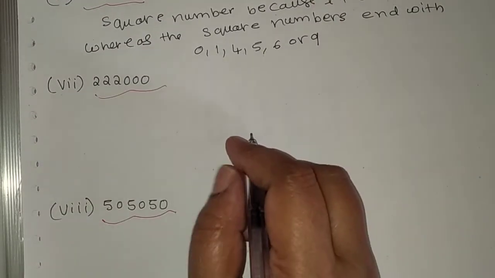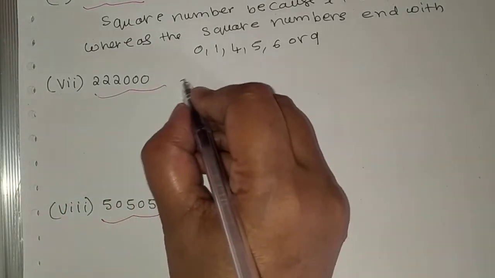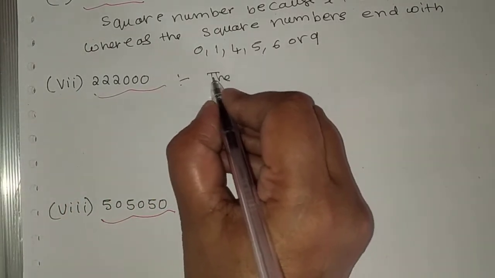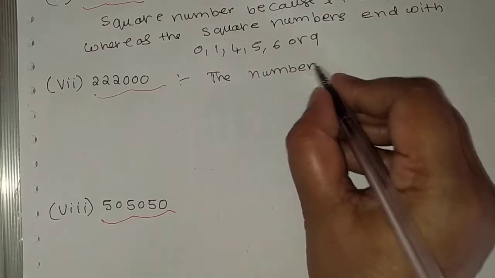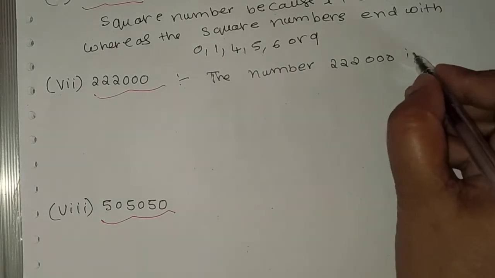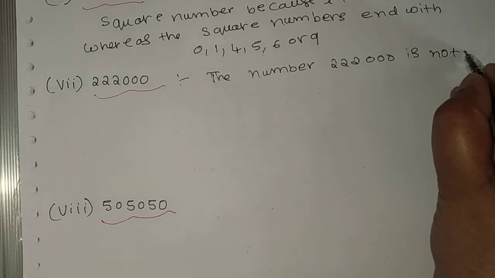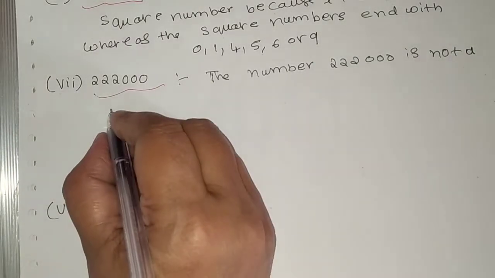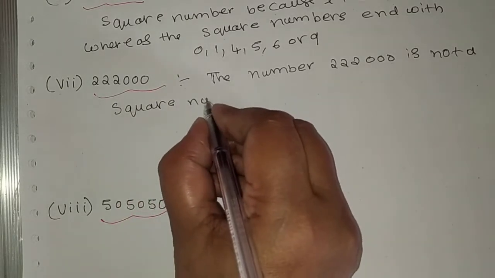So next one, 222000. Write down the number. The number 222000 is not a square number.